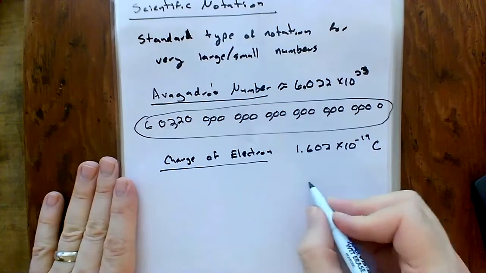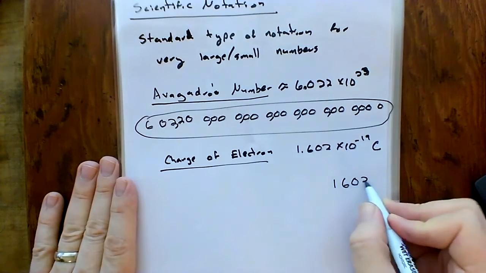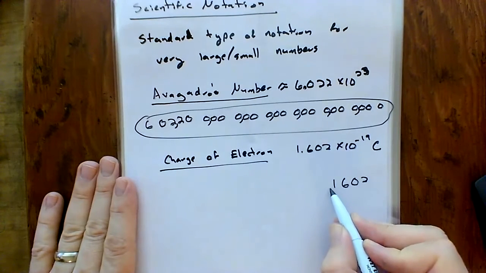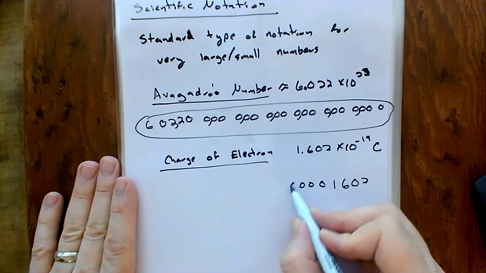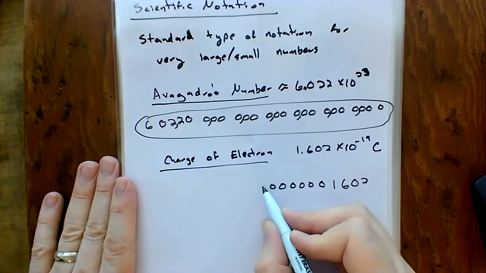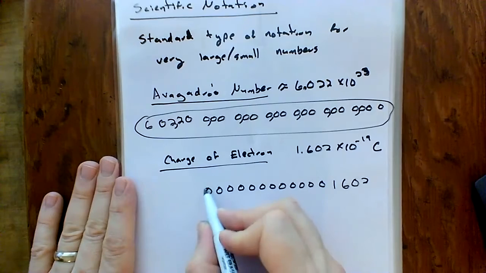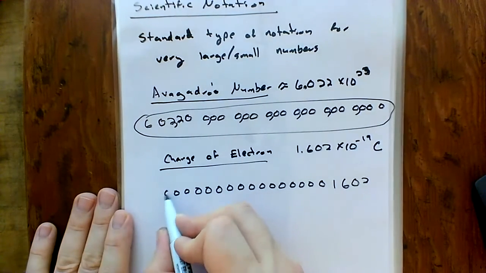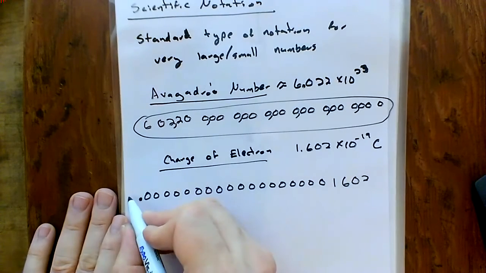So what I would do is I would start with 1, 6, 2. But now I'd move this decimal place and start moving it out. Say, okay, that's going to be 1, 2, 3, 4, 5, 6, 7, 8, 9, 10, 11, 12, 13, 16, 17, 18, 19, and there's my decimal point.